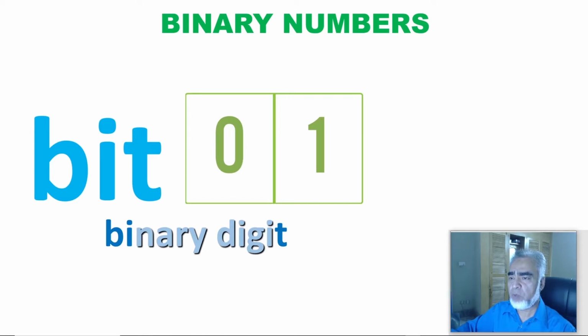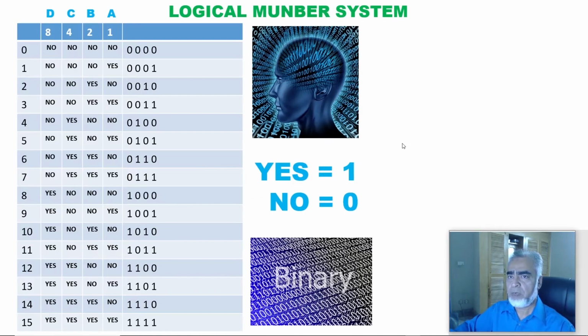Similarly, if we have more variables, for example 2 variables or 3 variables, then we can have different combinations. Here we can find the logical number system. For example, if we have 4 variables, that is A, B, C, D, then we can have 16 combinations from 0 to 15. If no variable is present, then we have the value 0.